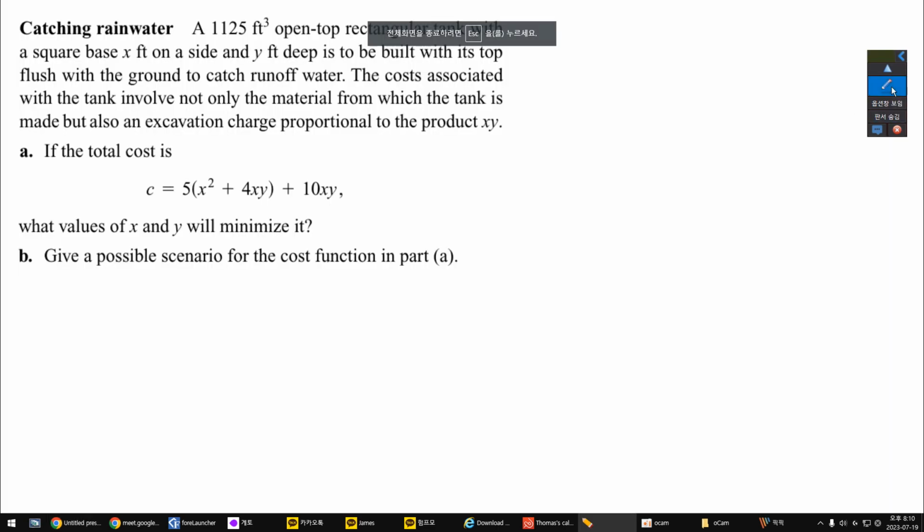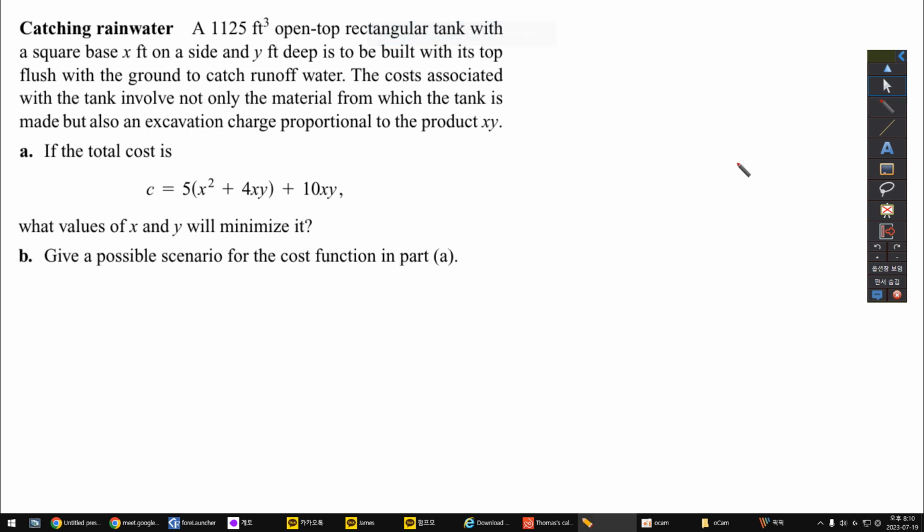In this case, the volume is fixed. So when you think of this rectangular tank, the base is square and depth is y, so that means the volume is x squared times y.